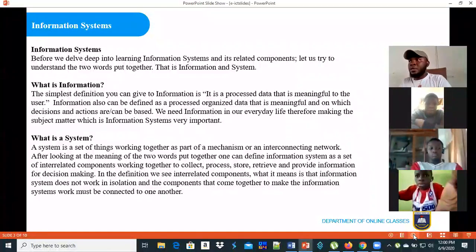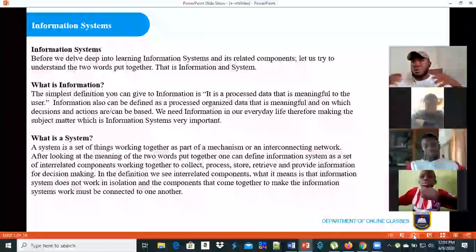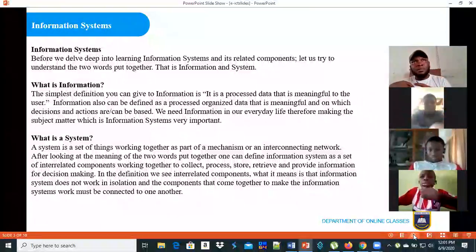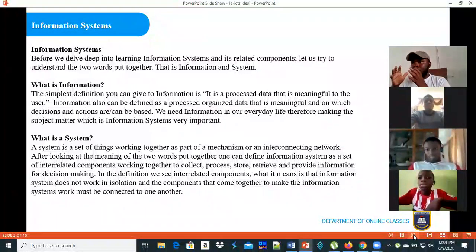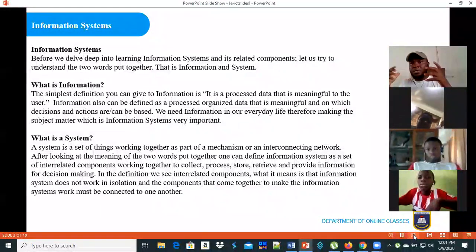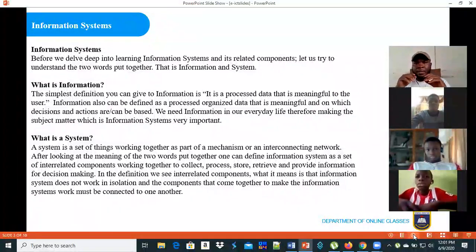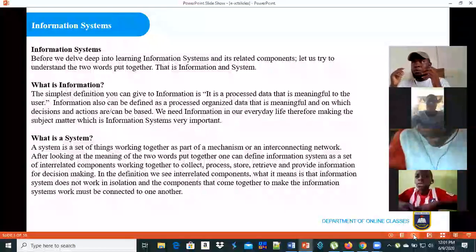You're not too sure about that, you come to me, and then we'll discuss it and narrow the solution. Because with Google, we are going to get a whole lot of solutions, and we'll narrow the one that is best for you. So information systems, you are seeing my slides, and I don't want you to give me the exact thing I have there.